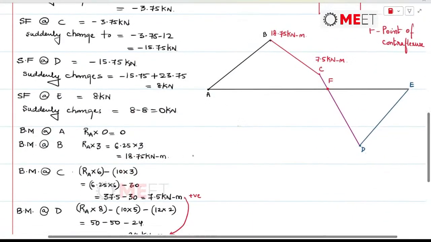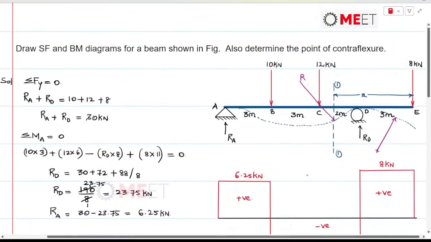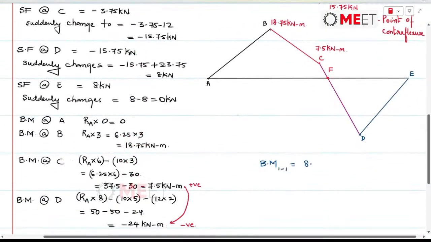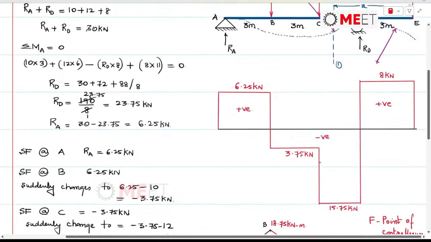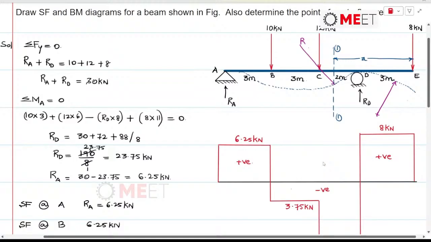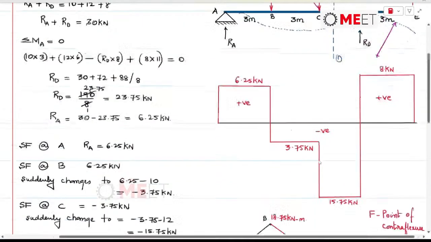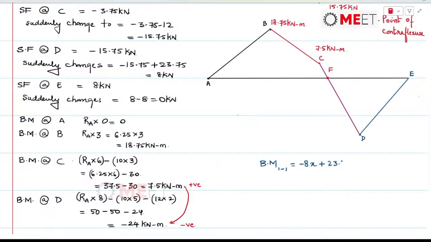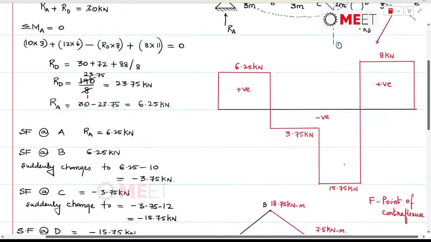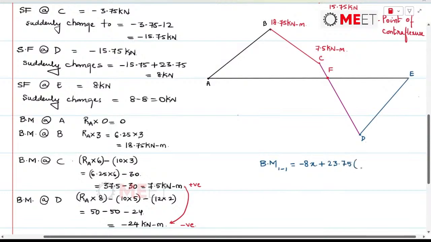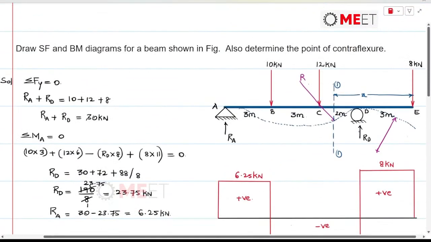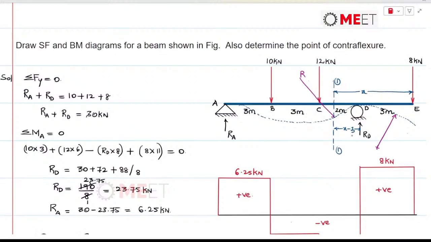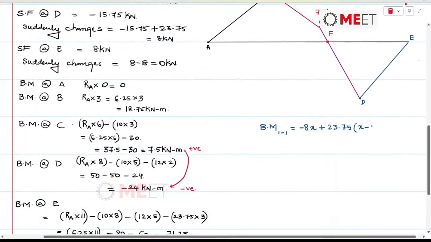So if we take the bending moment about section 1 equal to, that would be minus 8 into x, and RD is producing a counterclockwise moment, so that's plus RD, which is 23.75, into x minus 3, the perpendicular distance is x minus 3.